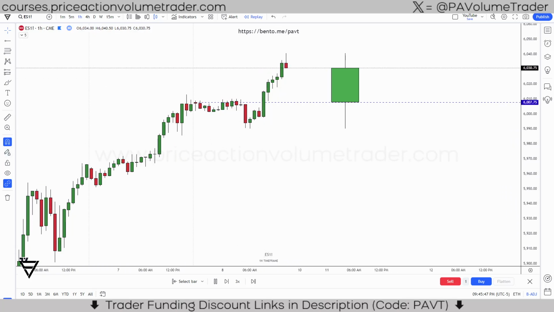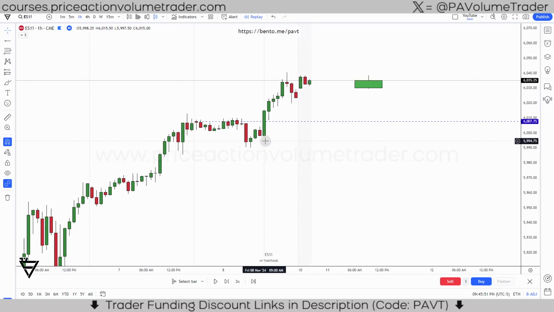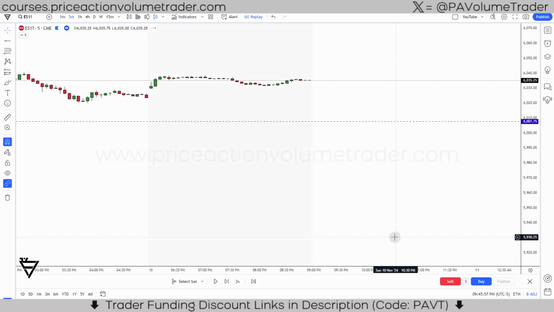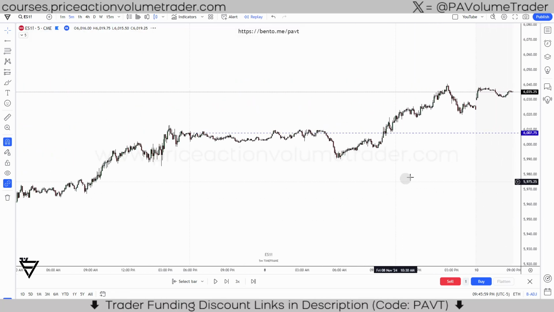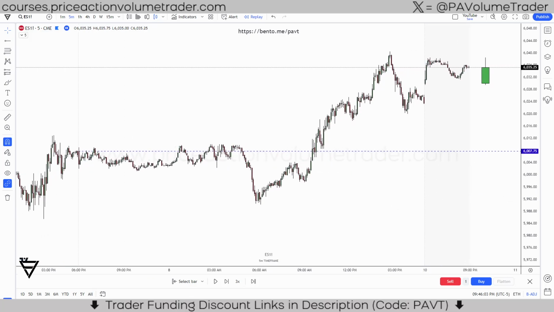And then you can see right there, we had a very strong bullish candle, and look at the time, 9 a.m. So this is the New York open candlestick right over here. If you go into the 5-minute, you can see we spent most of Asia in a range.